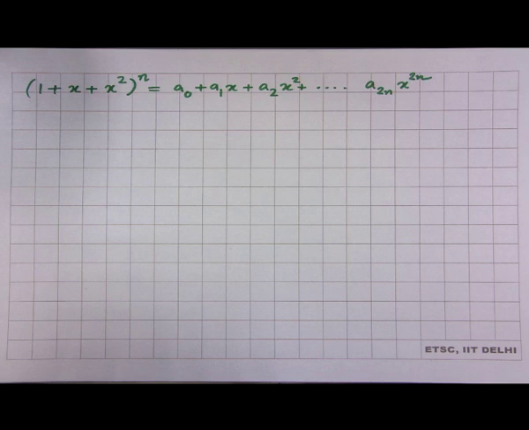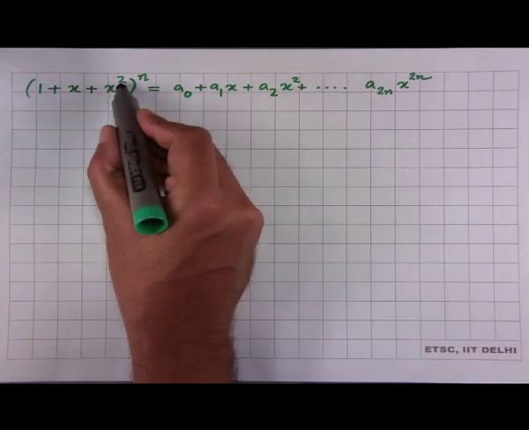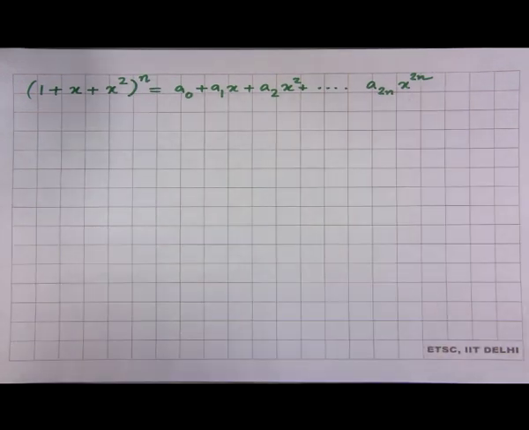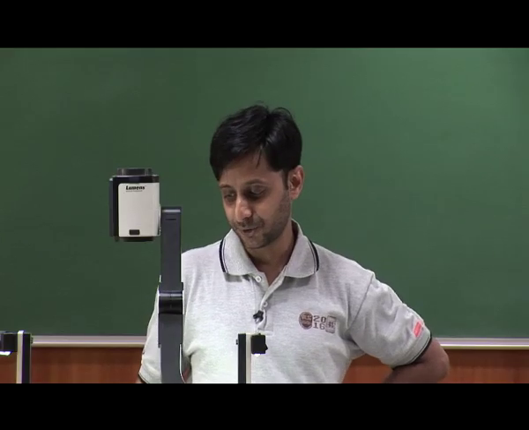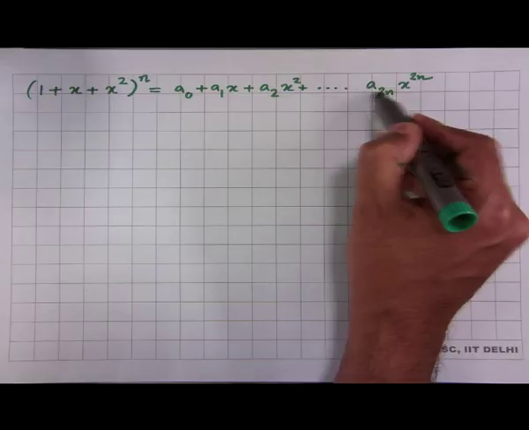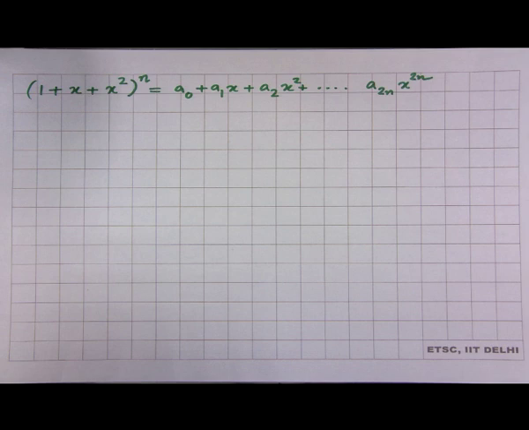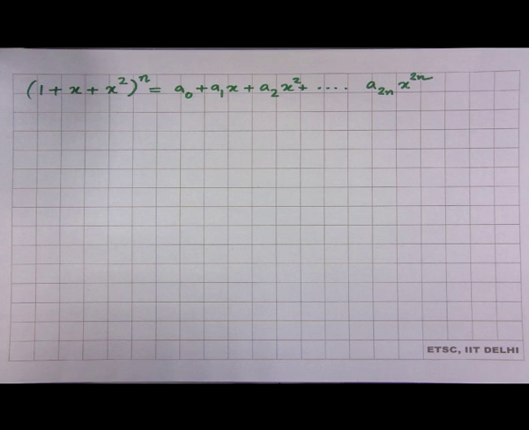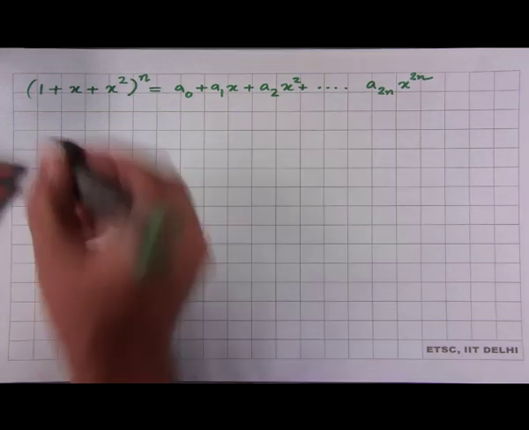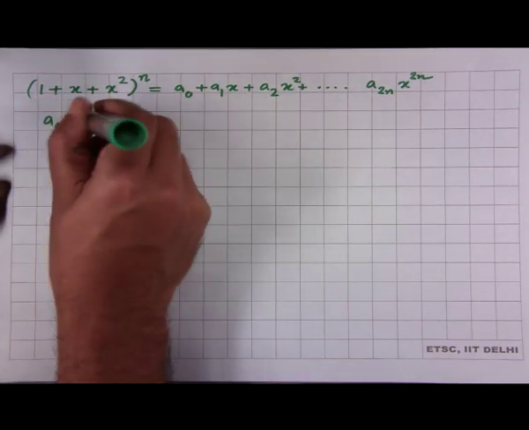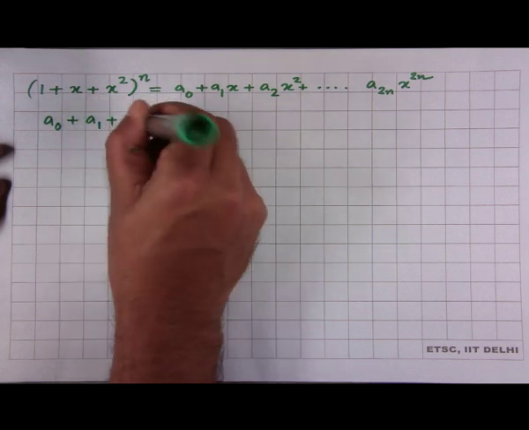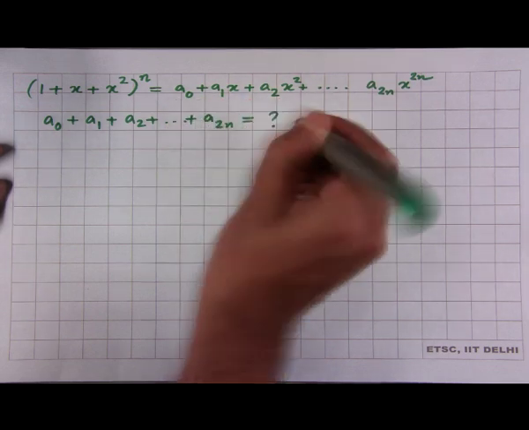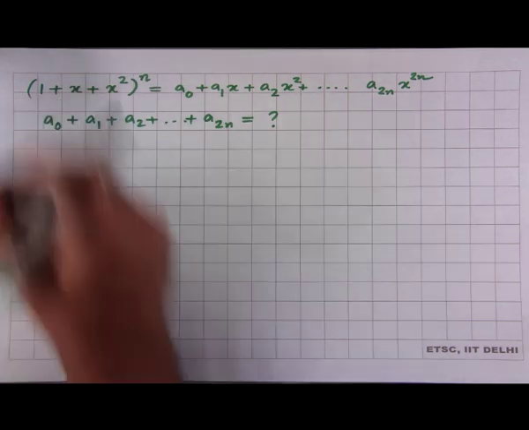All of those terms are there, and you know the largest term is going to be x power 2n. Okay. x power 2n is the largest term, and for x power 2n he has used a coefficient of a 2n in the question. He is saying that this is given to you, and then so this is my question 1.